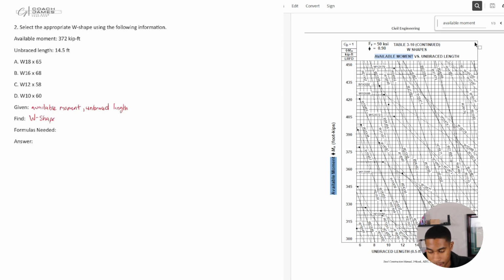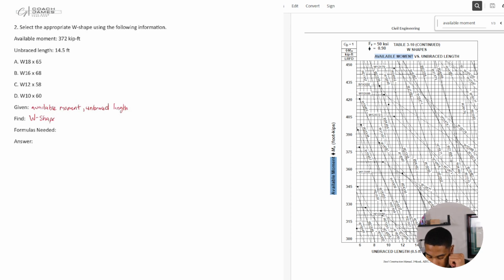So studying this thing up and down, doing enough practice. That's why I'm sharing these problems with you. All right, so in this chart, you have W shapes where you have the available moment listed. And then you also have unbraced lengths.